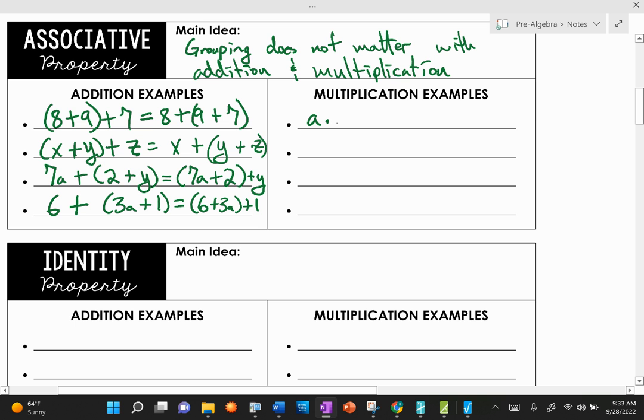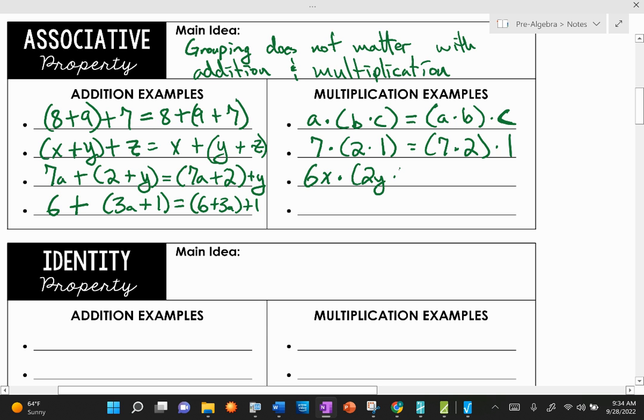All right, for multiplication, okay, the grouping is the same thing. Just trying to give you as many combinations as we can in a short amount of time.